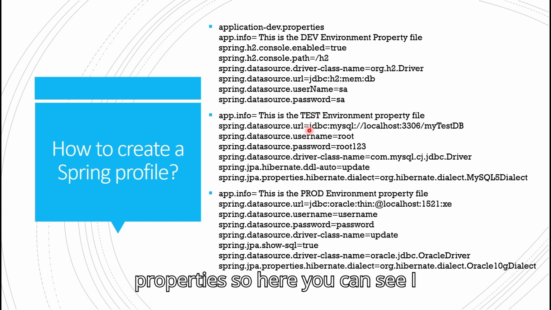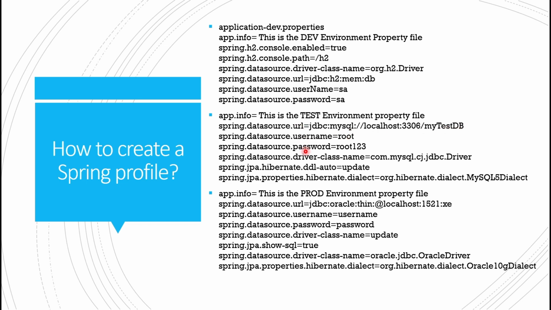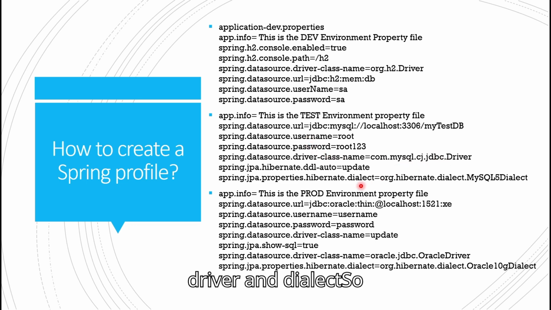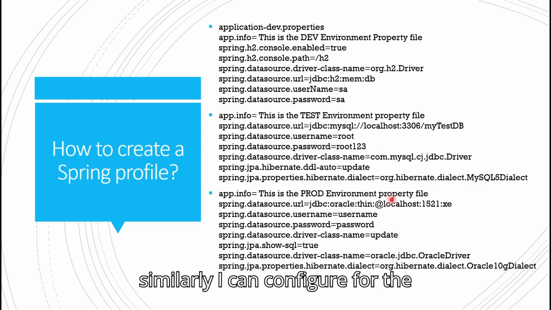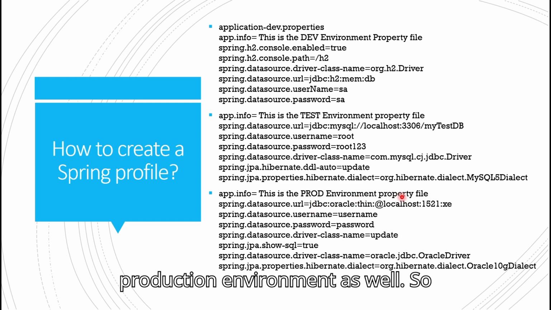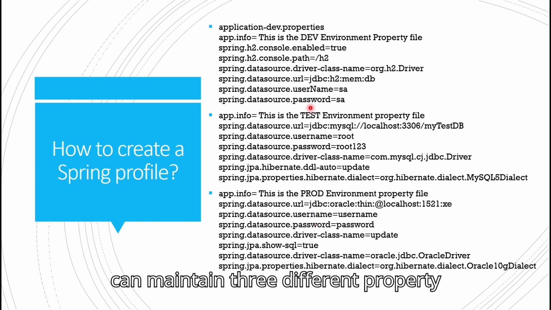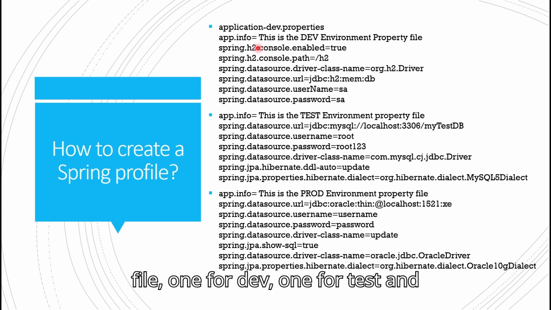Here you can see I configured a MySQL database, with username, password, driver and dialect. Similarly, I can configure the production environment as well: URL, username, password. Like this, we can maintain three different property files, one for dev, one for test, and one for production.